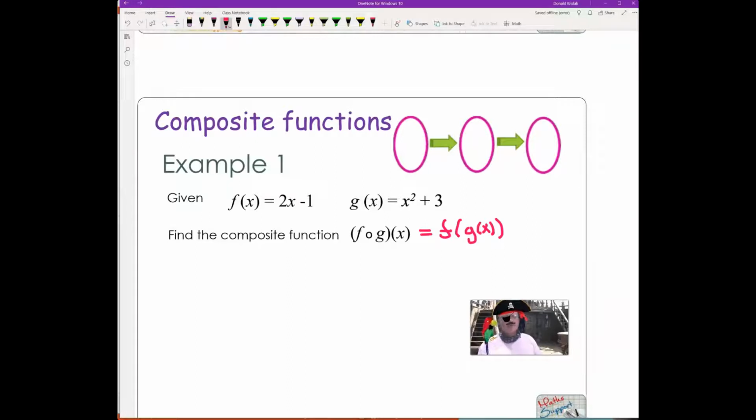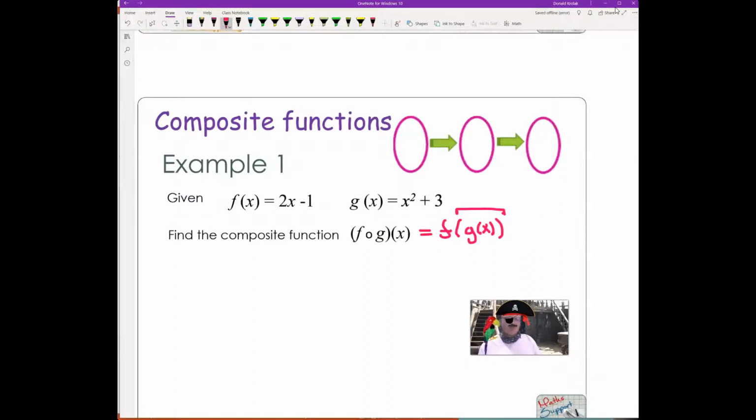So our inner function is g, and our outer function is f. What this is telling you is that your input is g of x.